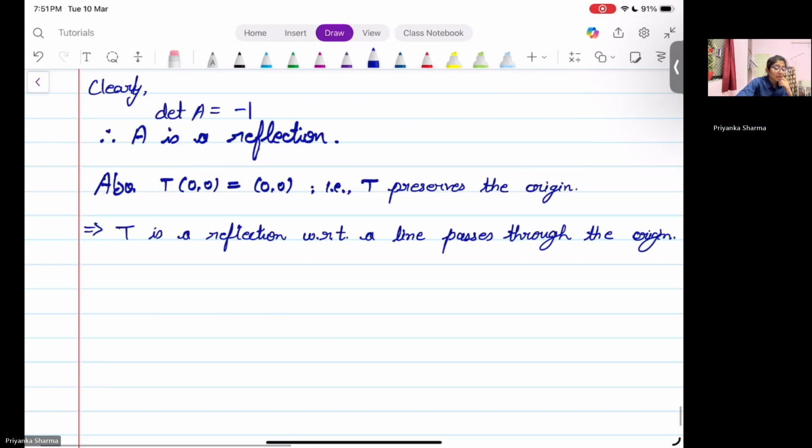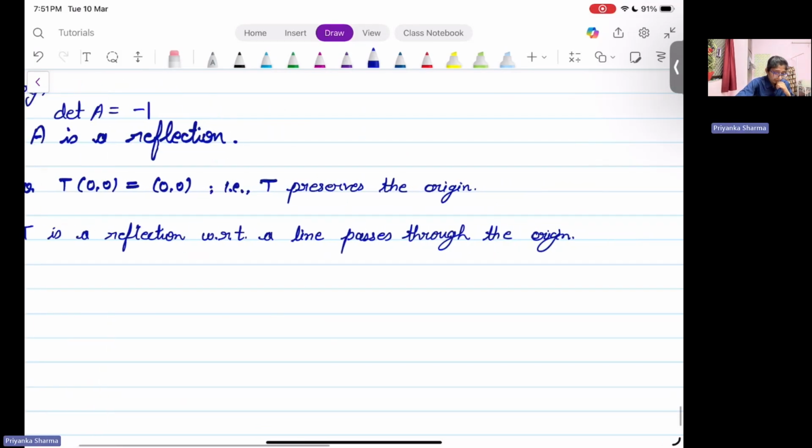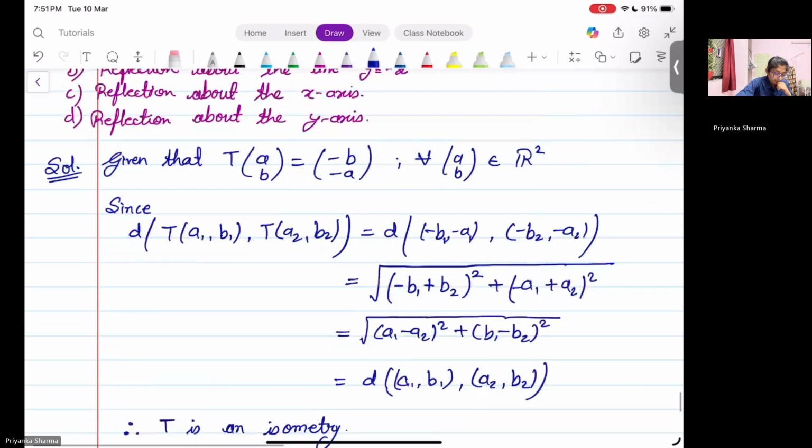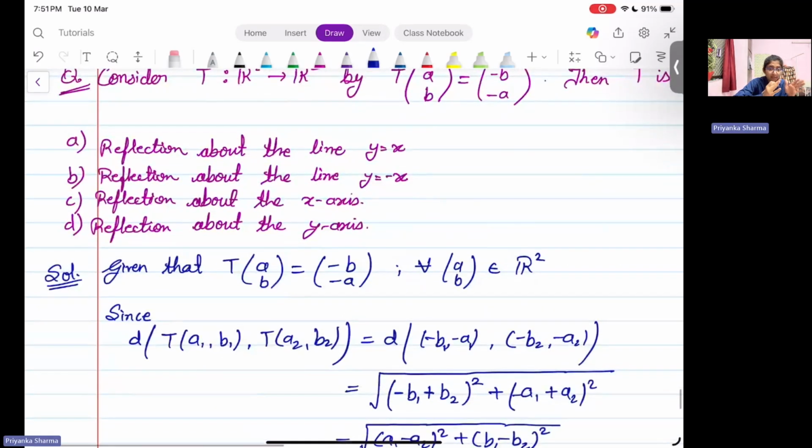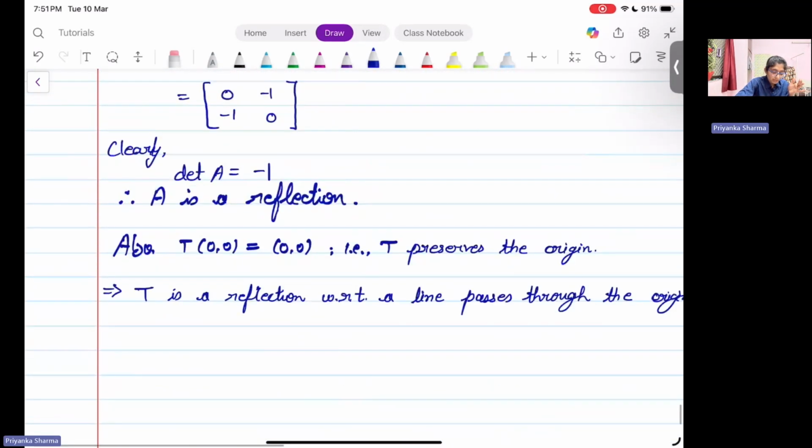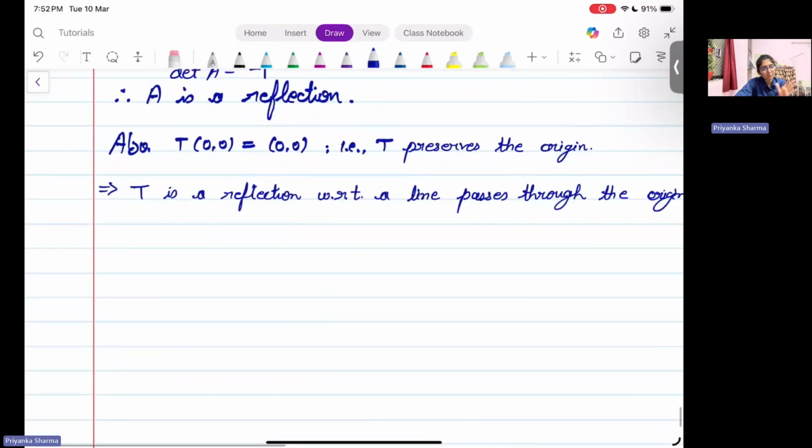But we need to find the line. It will be sufficient to know the angle this line makes with the x-axis.